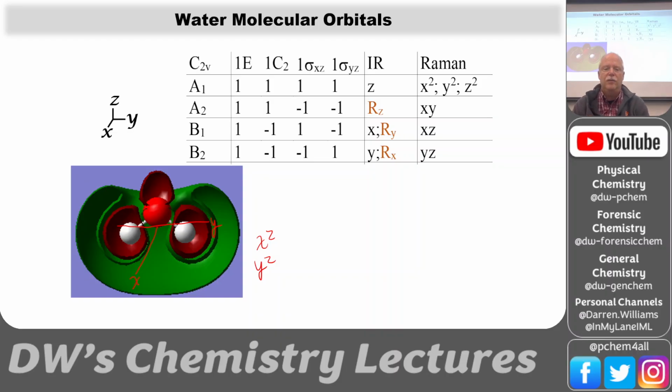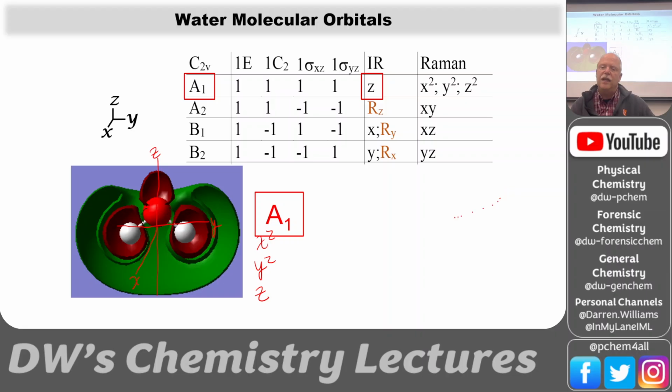And so they would be symmetric. But we look in the z direction, we see definitely a color change up here that doesn't occur down there. And so we would have z symmetry here along the z-axis. So we would assign this an A1 level.